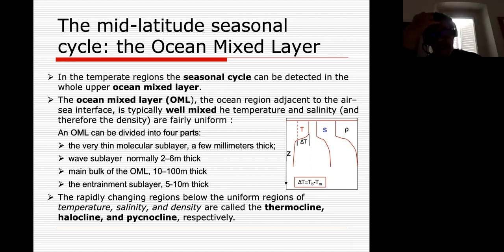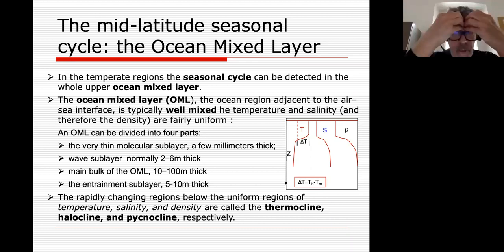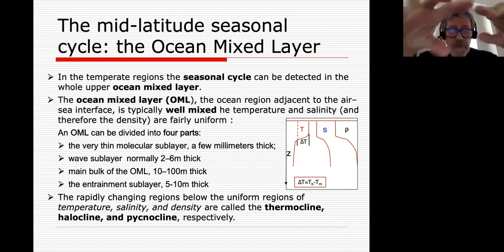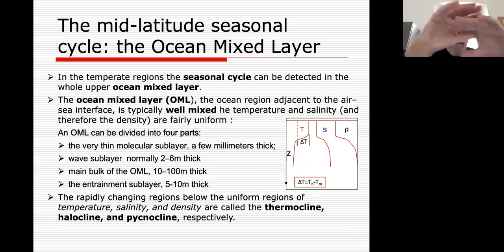Entrainment is a terminology frequently used in turbulence that identifies the process that transports properties from one quiescent layer into a turbulent one by turbulent processes. We'll go back to this point later.